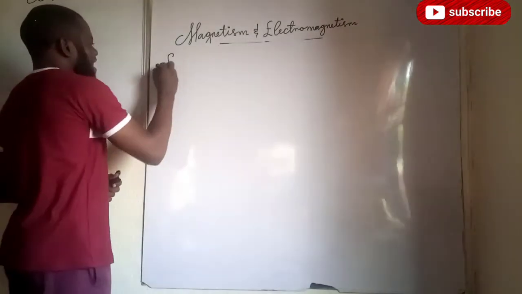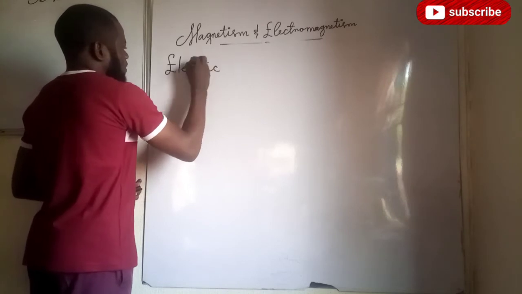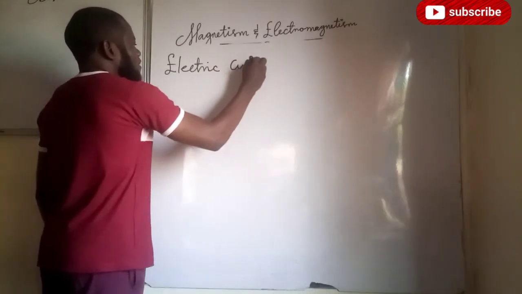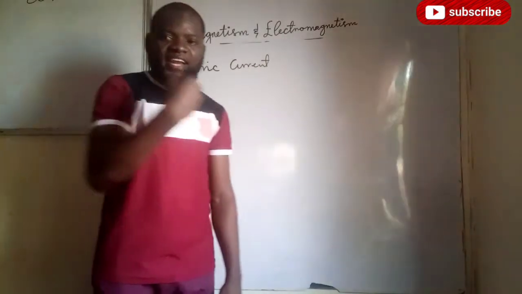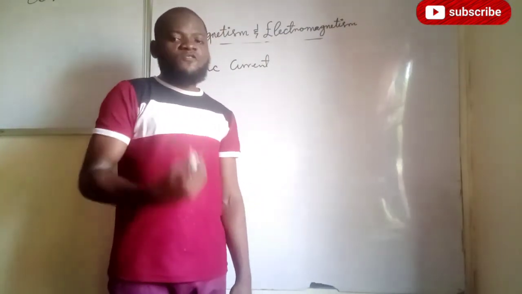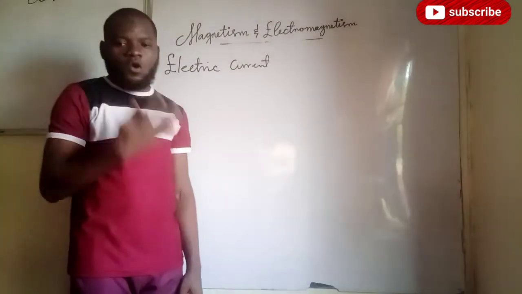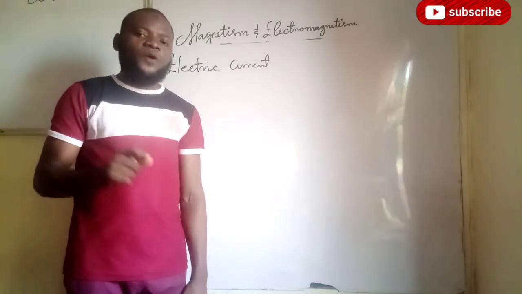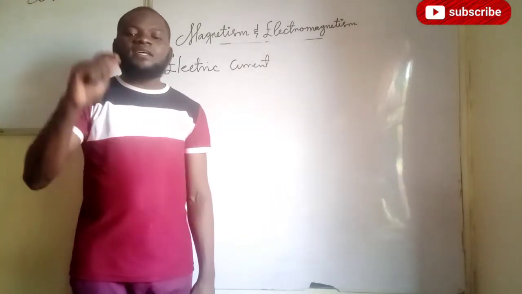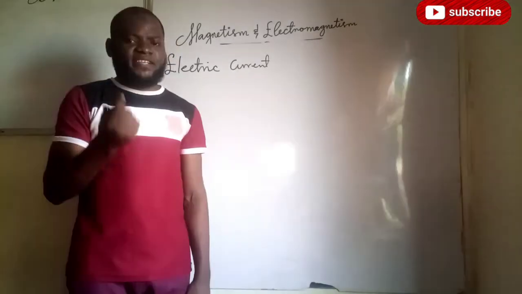When you say electric current, it simply means the movement of electrons. The rapid movement of electrons is what is referred to as electric current. In a nutshell, are we together now? Now that we understand electric current, the movement of those electrons has different effects.